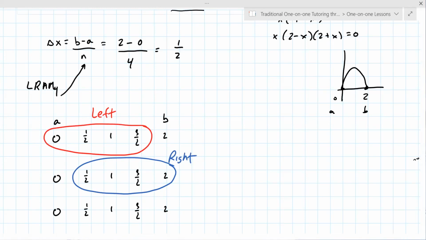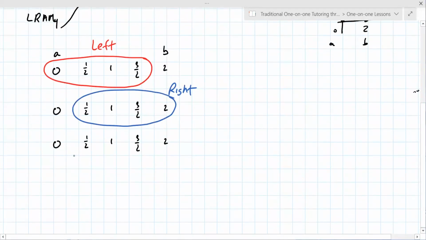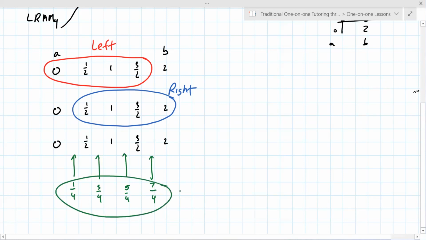Okay. And a mid actually doesn't use any of them. The mid is generally the worst, because you have to produce midpoints between these. So you would use 1/4, 3/4. Notice it goes up by 1/2, 5/4, and then 7/4. So this is what you're using for mid.